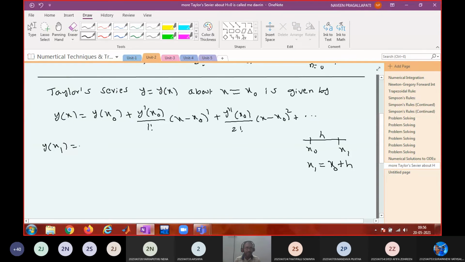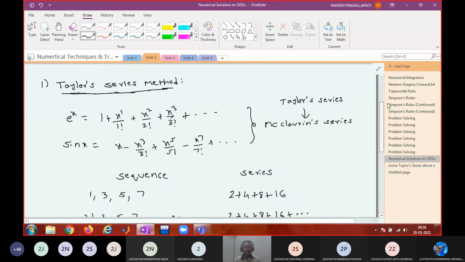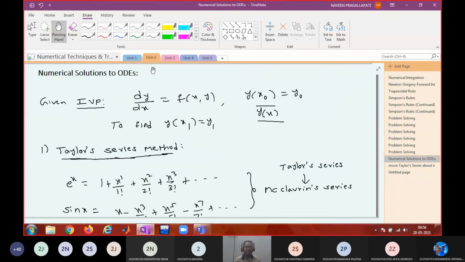y of x1 equals, x1 is nothing but x naught plus h only, with this understanding. Which is equal to, now what is y of x naught? y naught. That is what I have written. Can you see that?